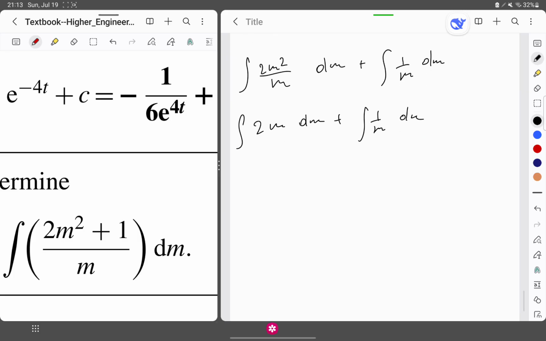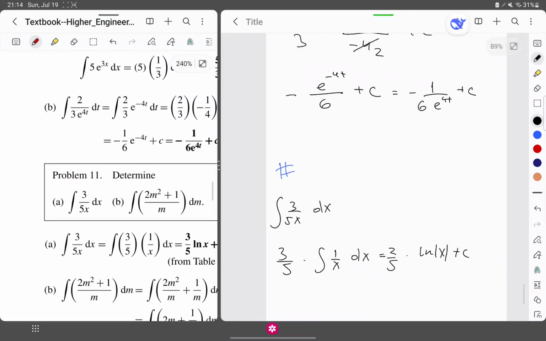The integral of 2m dm is 2 m squared over 2, plus the integral of 1 over m, which is ln m plus c, so it will be m squared plus ln m plus c.